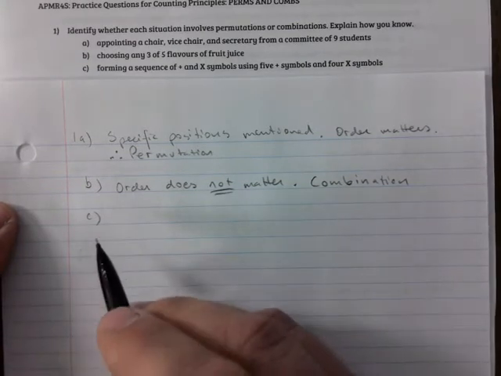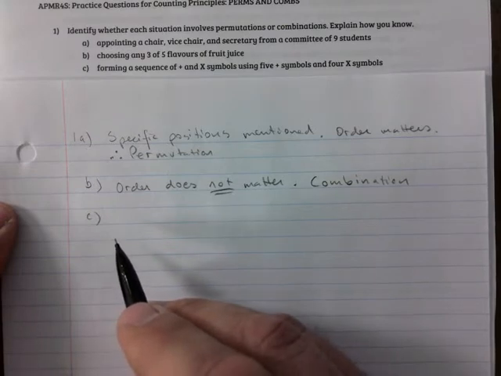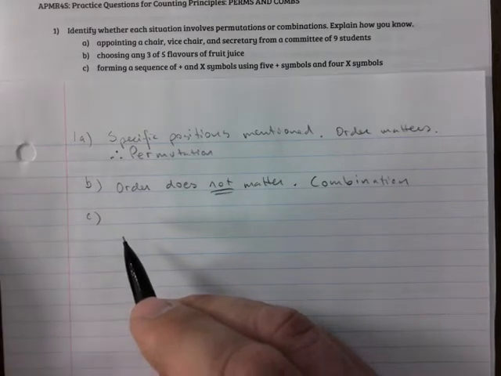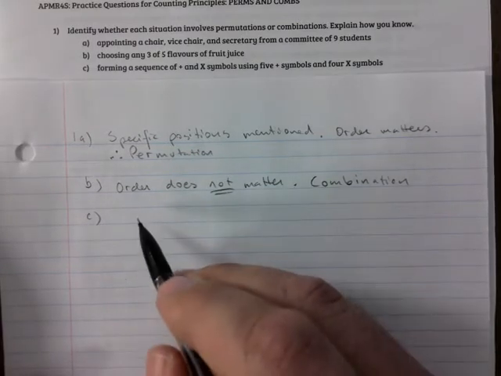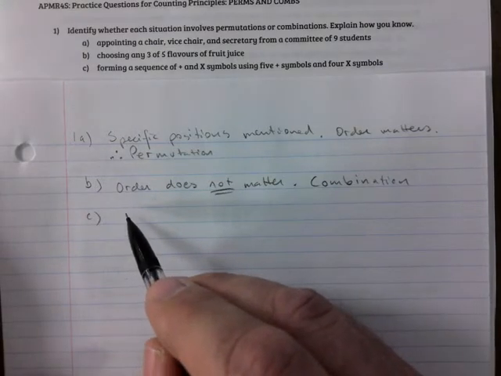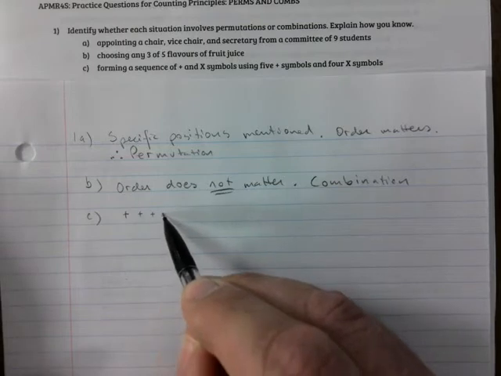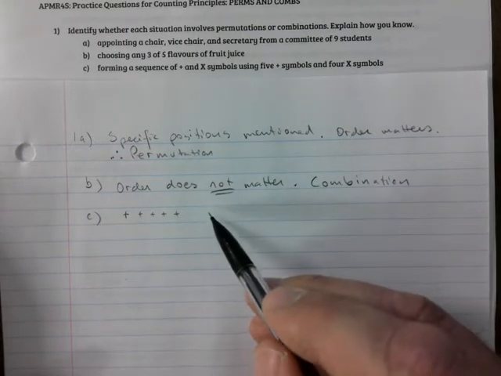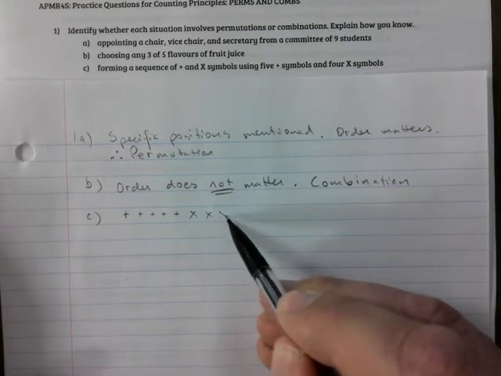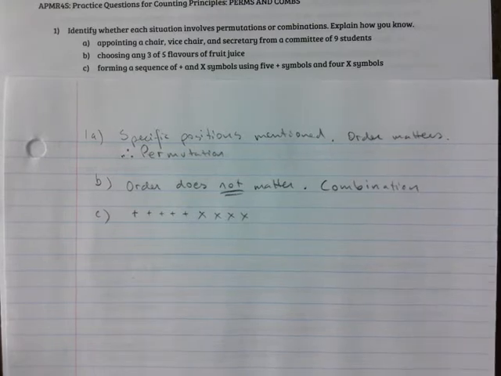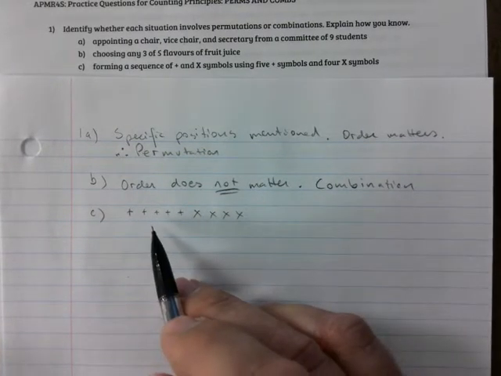C, forming a sequence of plus or X symbols using 5 plus and 4 X symbols. What would you say there? You have 5 of these and 4 of these available. It's almost like this is a word, arrange this. It's a bit of a curveball.